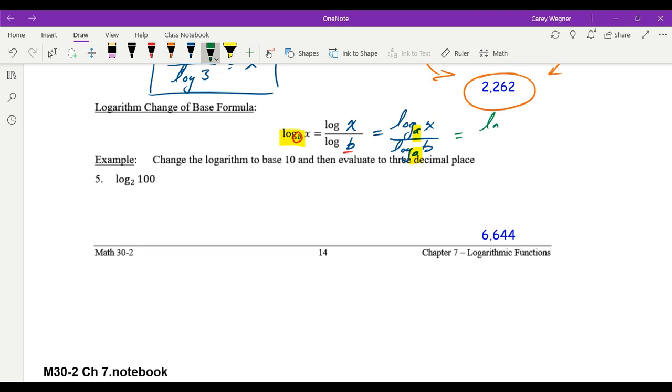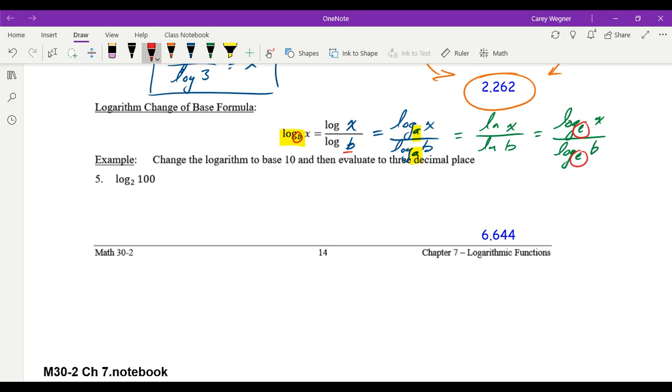So I could do the natural logarithm of x over the natural logarithm of b. So again, you'll remember that ln button on your calculator takes the natural logarithm, which is a log base e. Log base e of x over log base e of b. And again, because these two bases are the same, the change of base rule works.